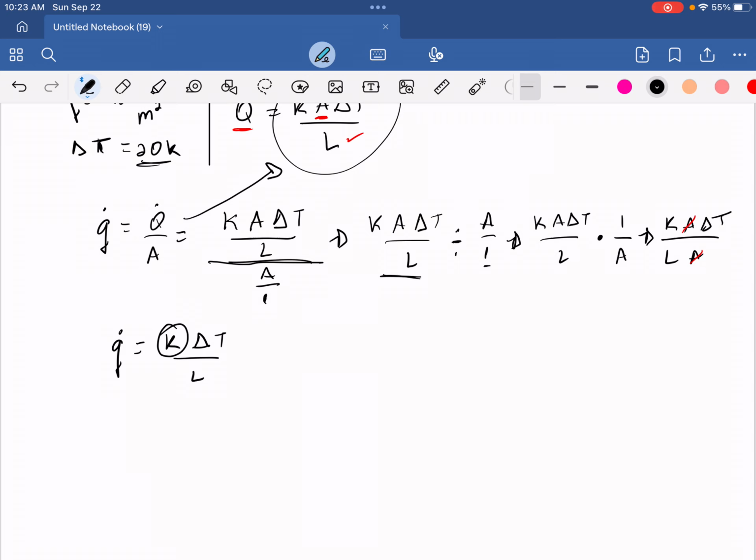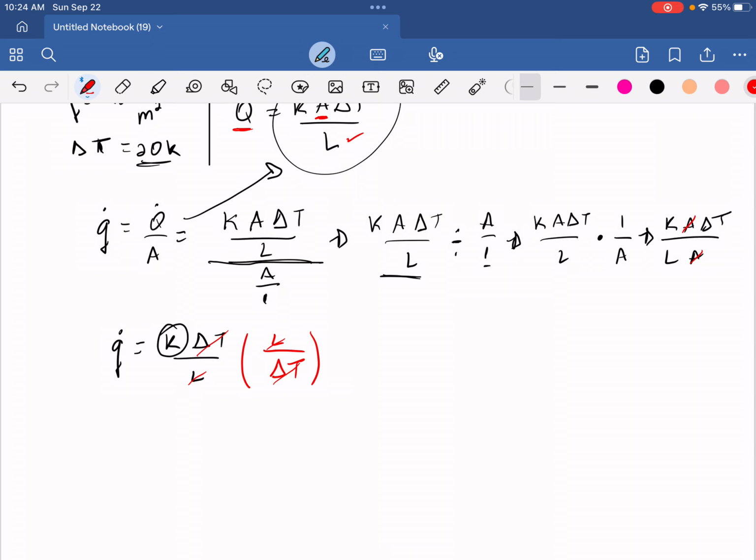All right, I can start plugging in values. I usually like to solve for my variables first. I do know that this k is what I'm looking for. I want to isolate that k and leave it by itself on that side of the equation. In order to do that, I need to multiply this side of the equation by the reciprocal. I want to cancel the L, so I need to put that on the top. I also want to cancel the delta T, so I need to put that in the denominator. That way this cancels out with that one, and this cancels out with that.